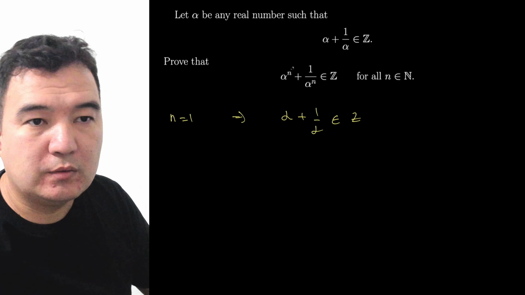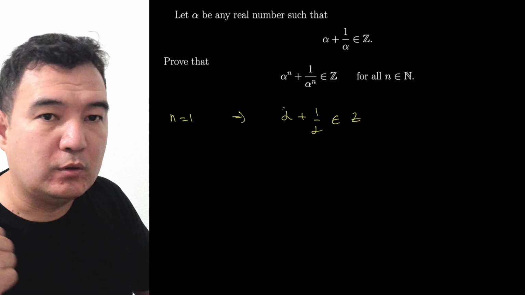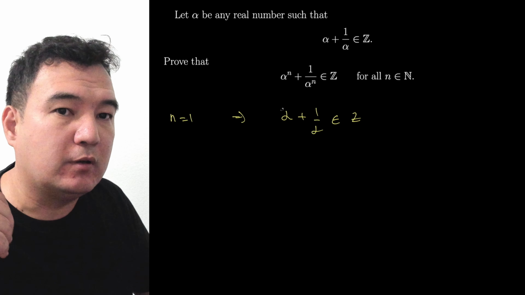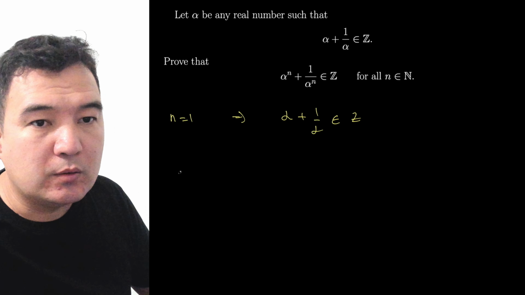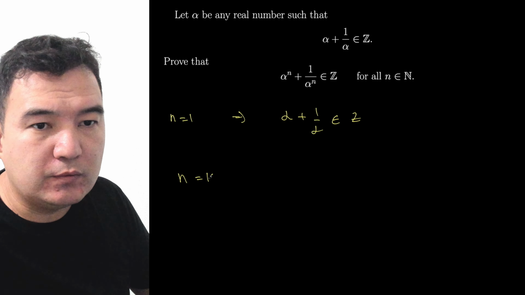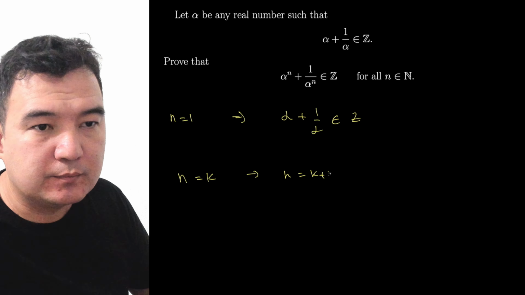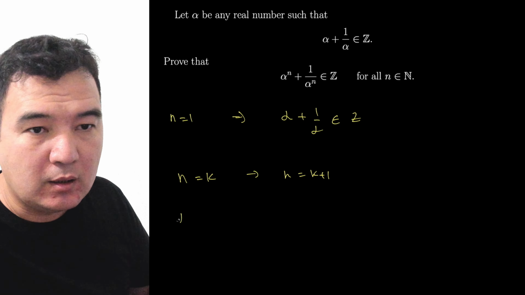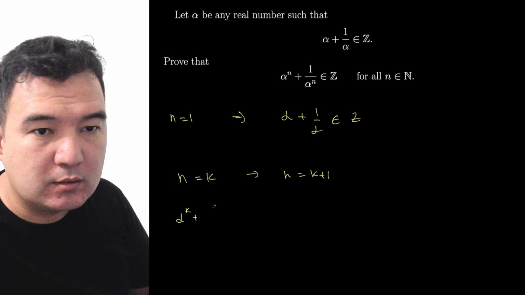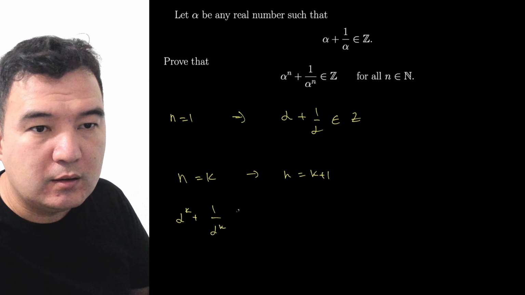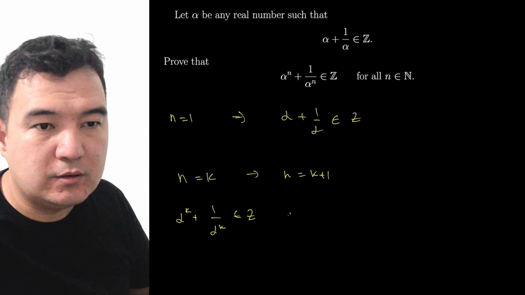So we want to prove it for higher values of n. Let's assume that it's true for n equal to k and prove it for n equal to k plus 1, which means alpha^k plus 1 over alpha^k is an integer.